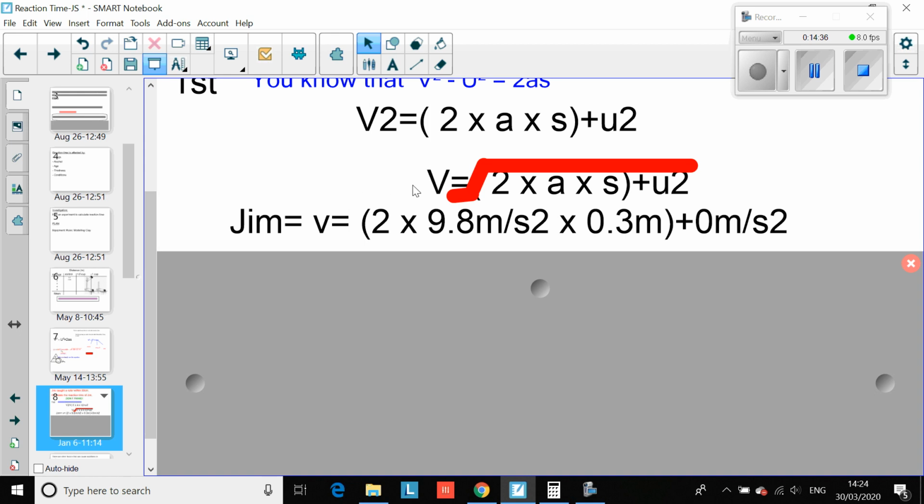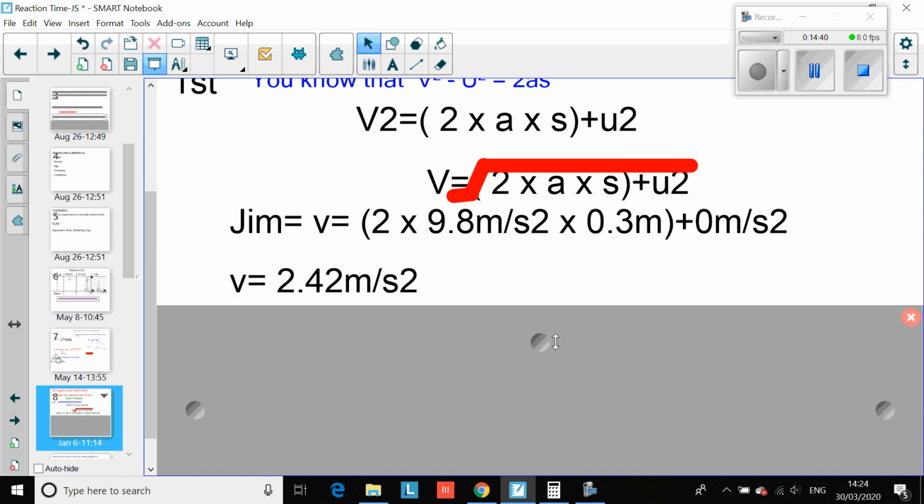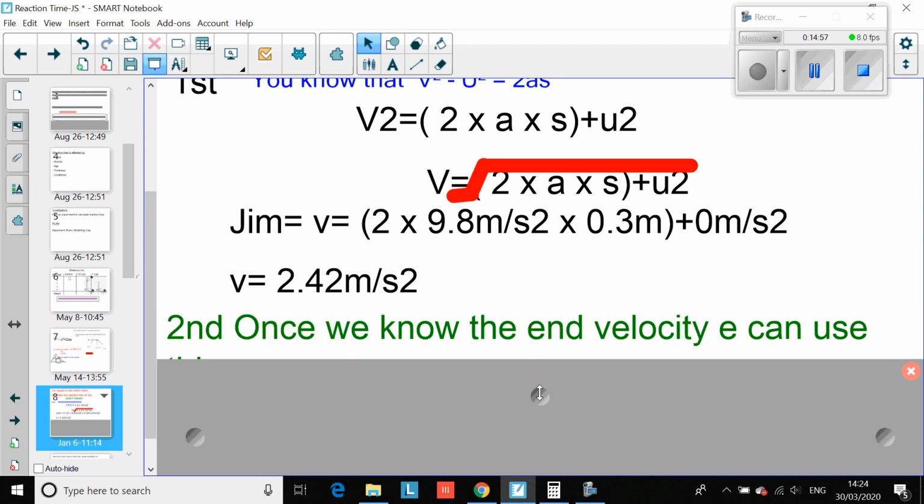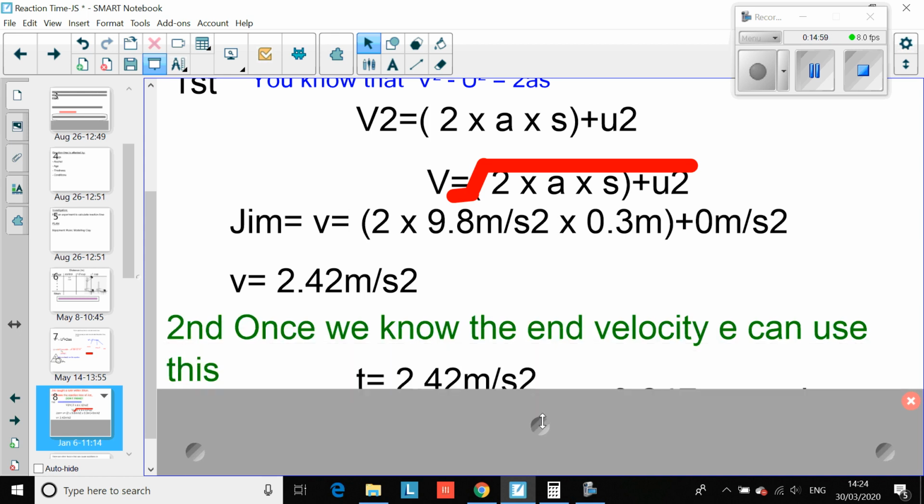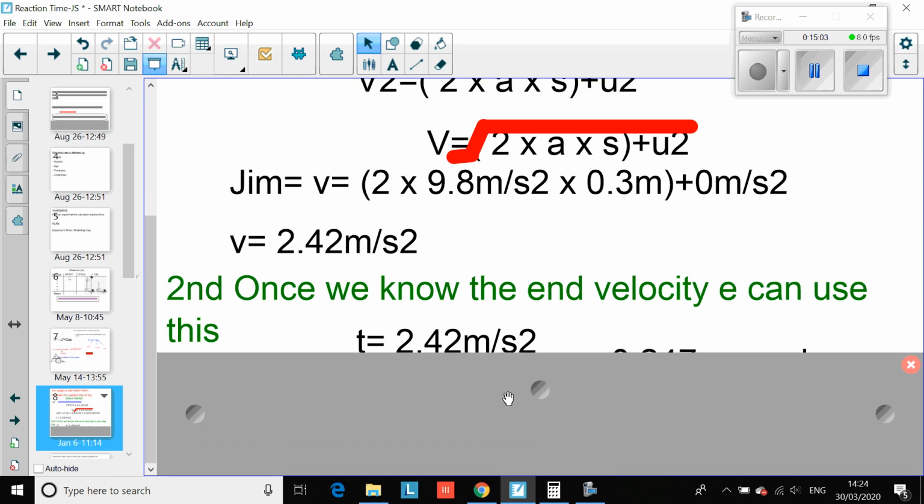Okay, and then once you've got v squared, you square root the whole thing, and that gives you the velocity, which in this case was 2.42 meters per second. So that's how fast the ruler was falling as Jim caught it, 2.42 meters per second. Once we know the end velocity, we can use this to work out the reaction time.